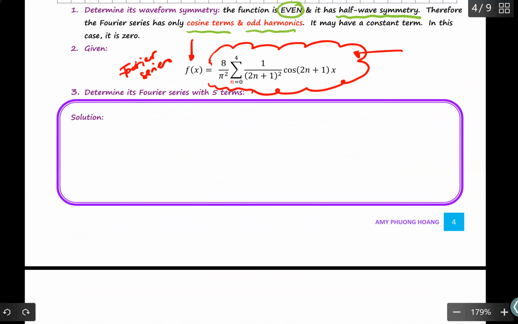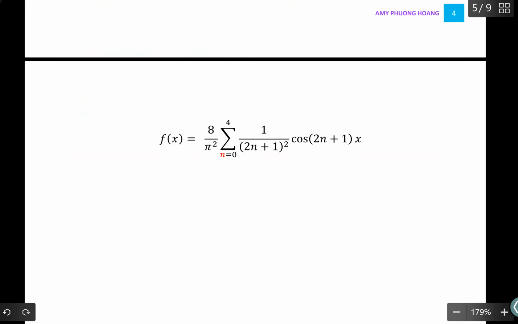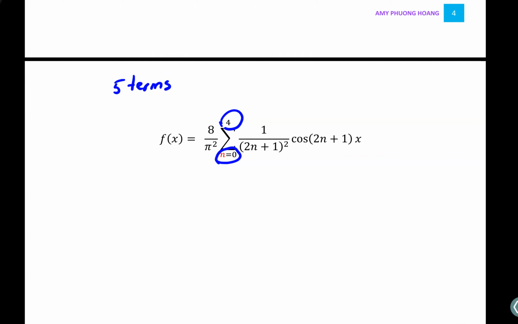I will rewrite the summation, and I will start with n. Don't forget that n is given to me as this. For 5 terms, this n is the index of the summation.